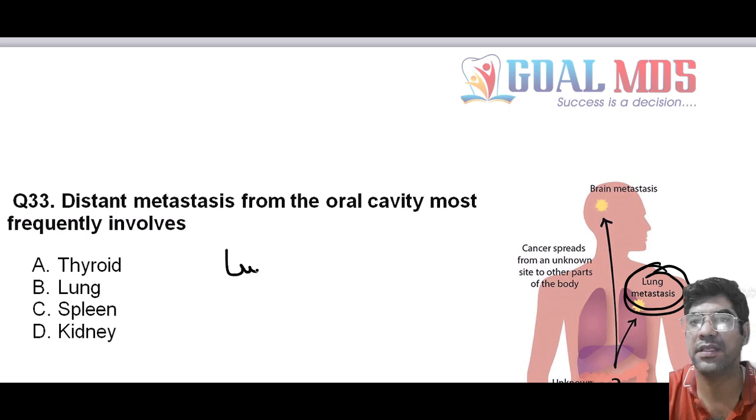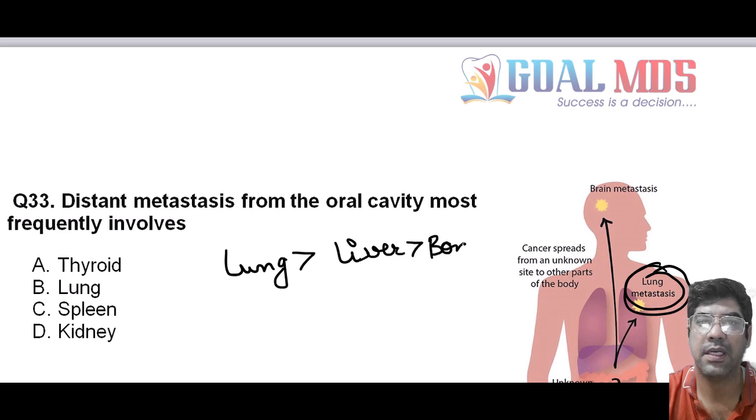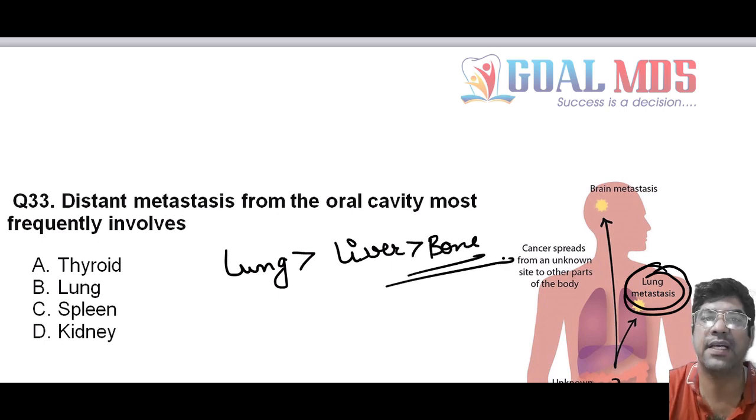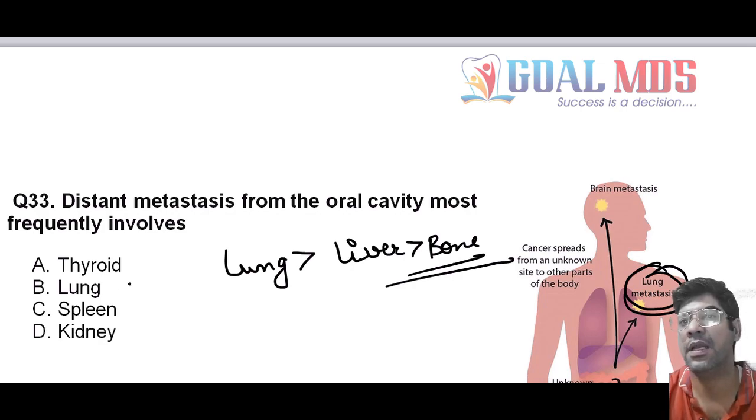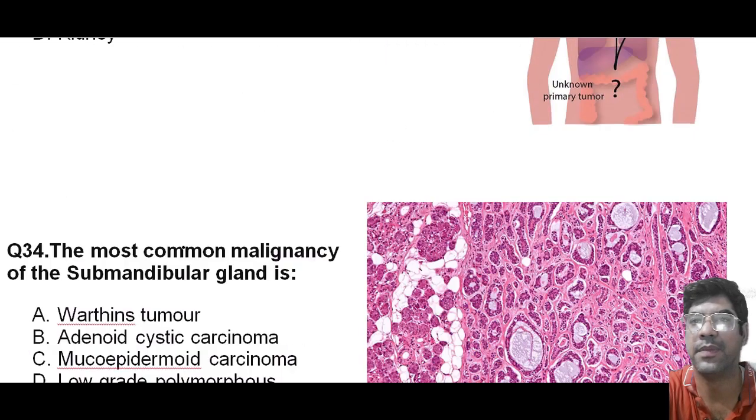After the lungs, the liver and bone are the most common sites for distant metastases from oral cavity cancers. So your answer of choice would be to mark lungs in your exam.